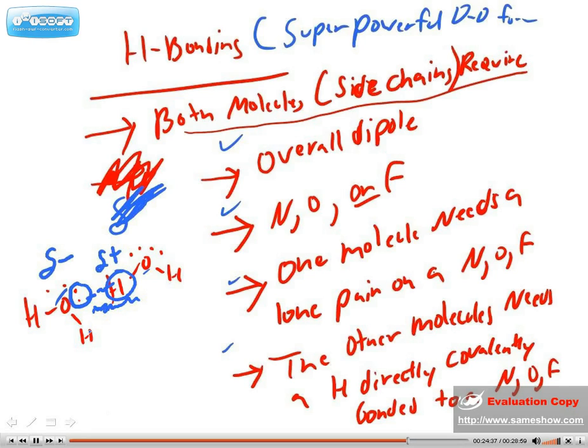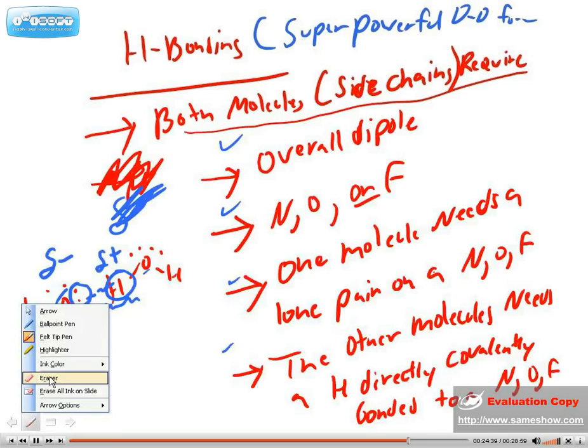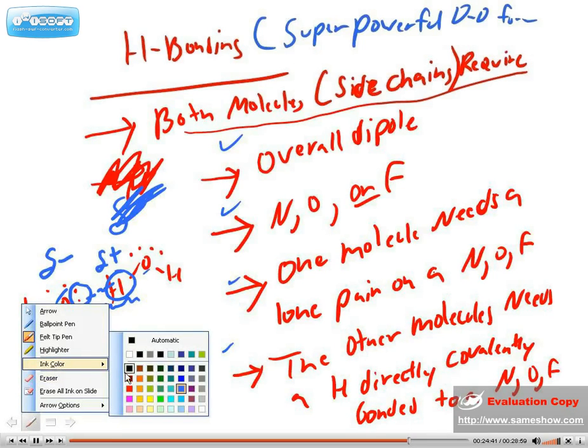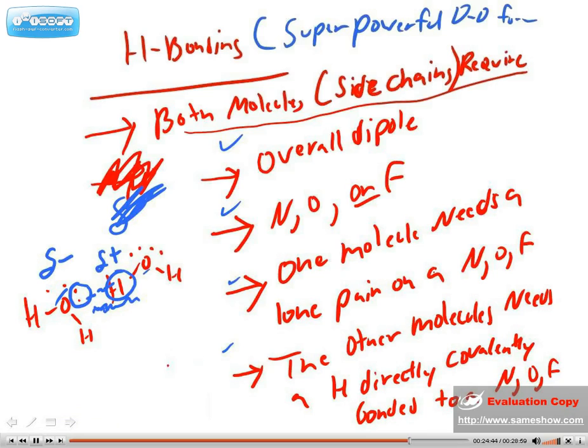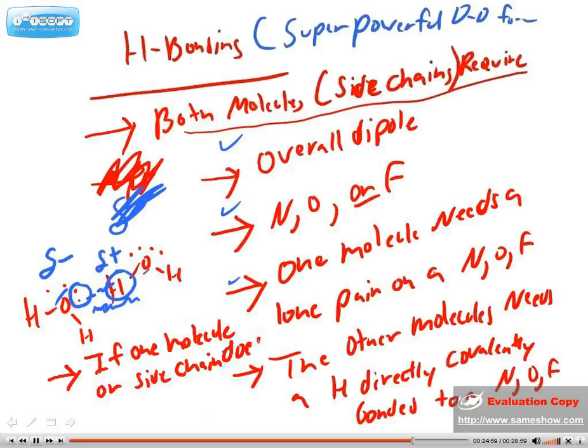So the next question is, if one atom, or I'm sorry, if one molecule or side chain does not, what's the word I'm looking for?